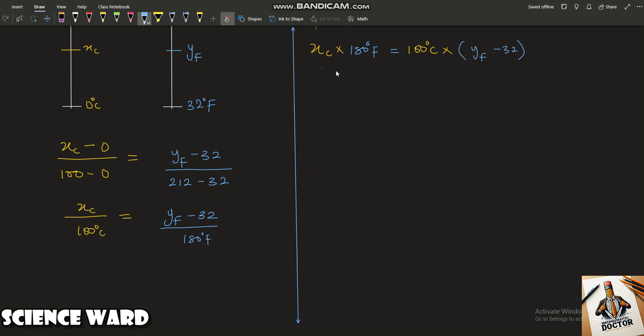In that case, you will notice just from here that I could actually divide both sides by 180 degrees.